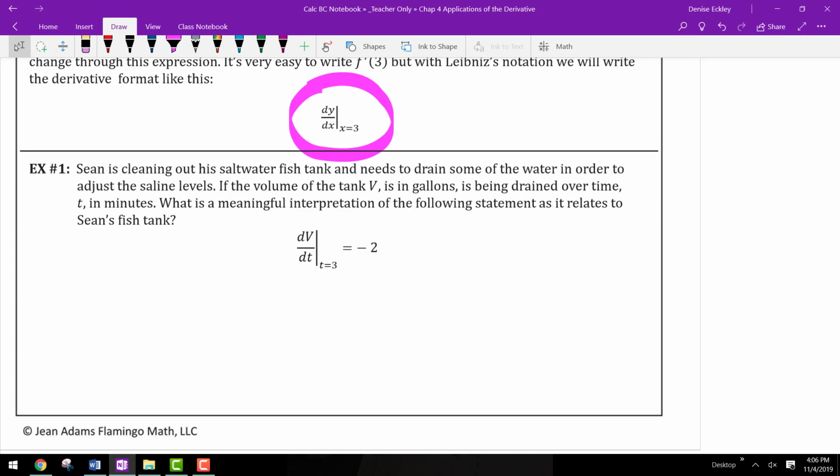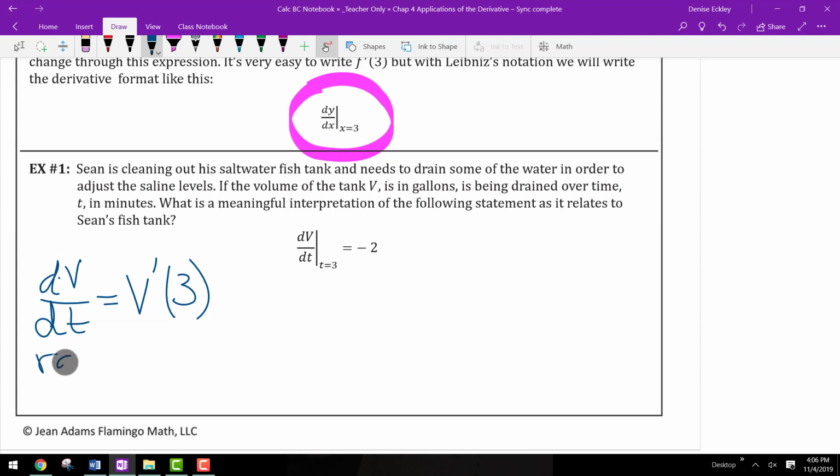What we see here is dV/dt, and that is really just our V prime of 3 in this case. So what exactly is this telling us? Remember, this is a rate of change at t equals 3.